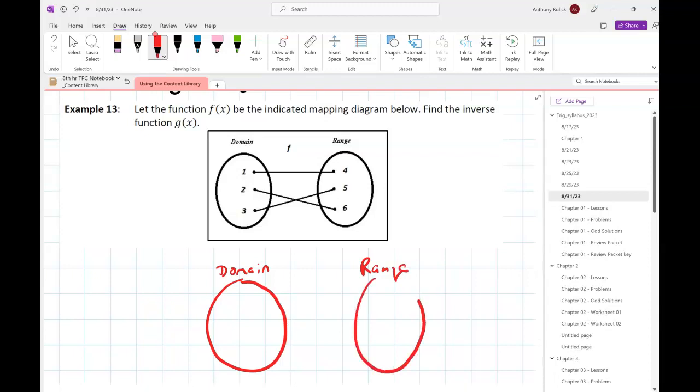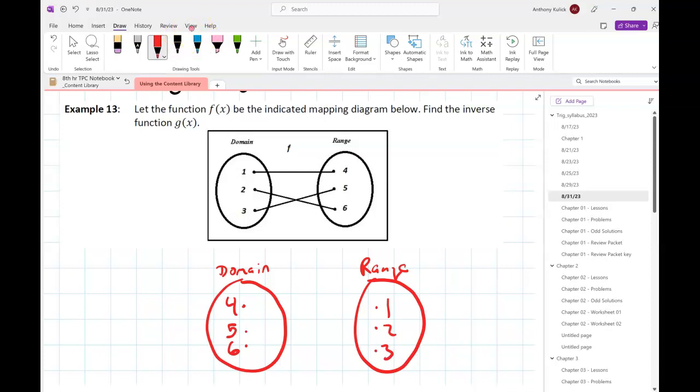So what does f inverse have to do? Well, when I set it up, it needs a domain and range. What numbers are going to be in the domain for f inverse? 4, 5, 6. Excellent. 4, 5, and 6. Those are the outputs or the range values for f. And what are going to be the range values then for f inverse? 1, 2, 3. The domain values for f. So far, so good.